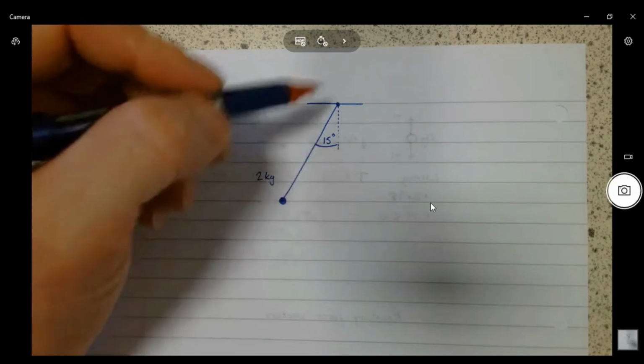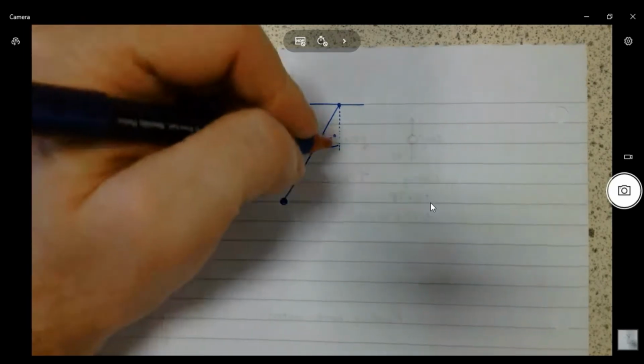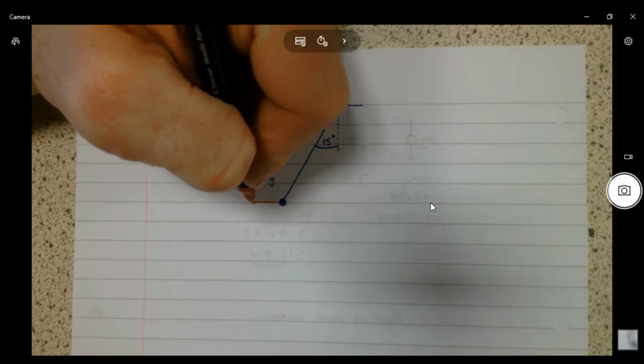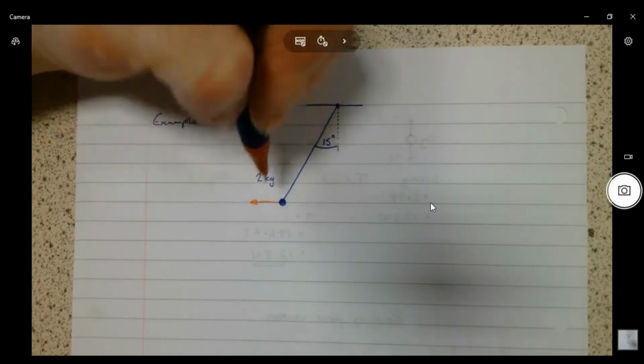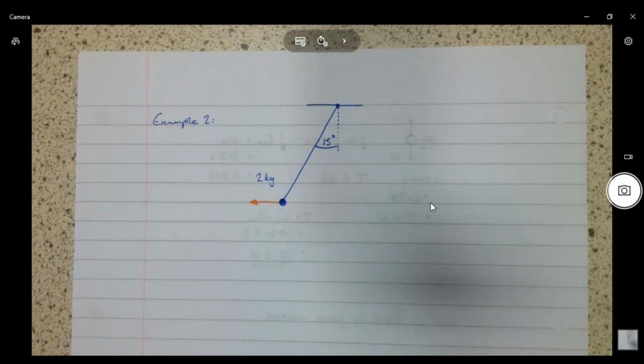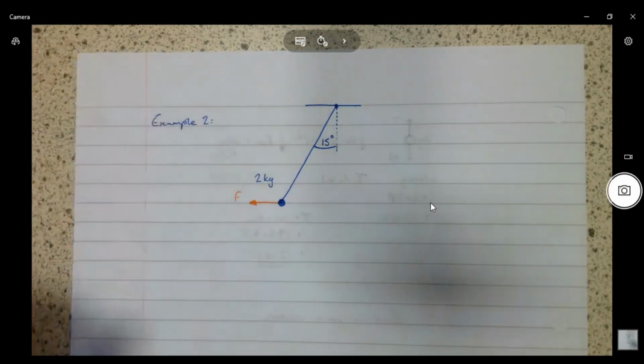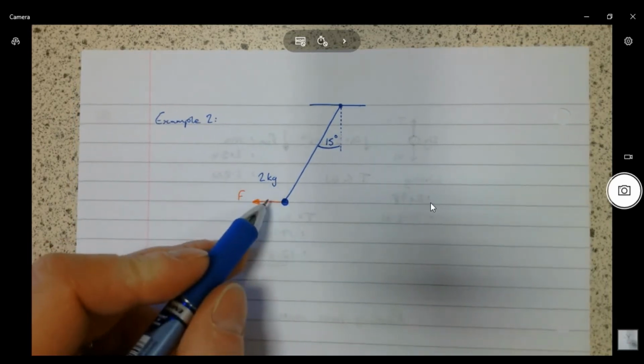In order to hold it at an angle of 15 degrees away from the vertical, I need to apply a force going this way. We need to calculate this force. So what is the force acting in this direction?